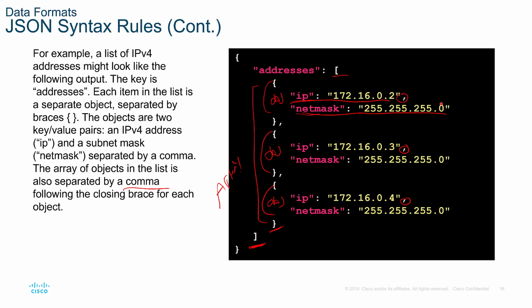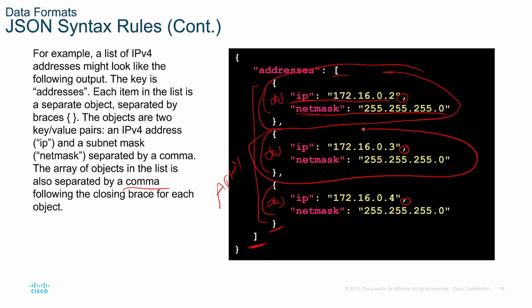The array of objects in the list is also separated by a comma, following the closing braces of each object. This is an object. Object. Object. The three objects make up the array.